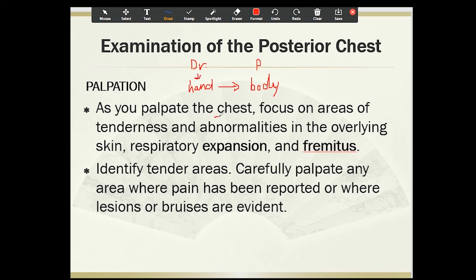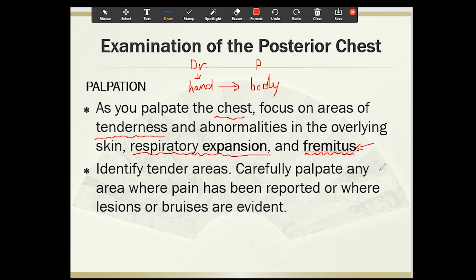So when palpating the chest, basically we try to find if there is some tenderness in that area, or maybe over the skin area, and also palpate for respiration expansion. And fremitus, yes, fremitus is a special checking way when we check the chest area. What does that mean? Now you can try to put your hand on your chest area.